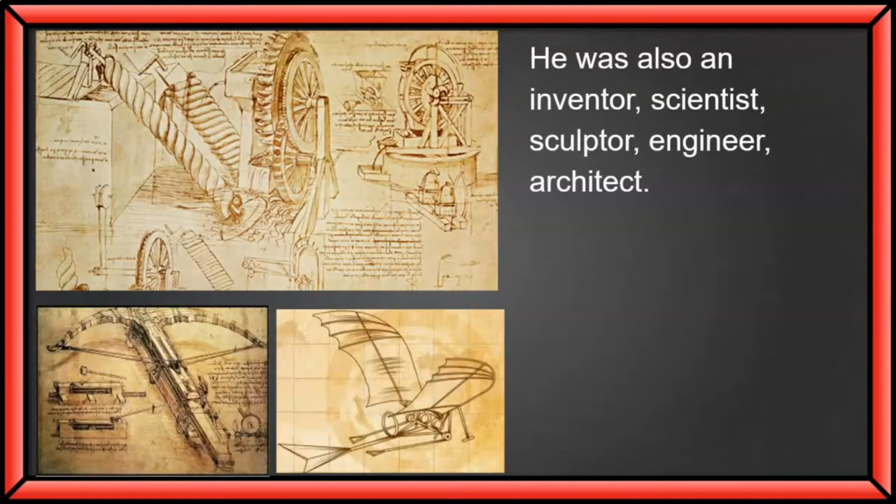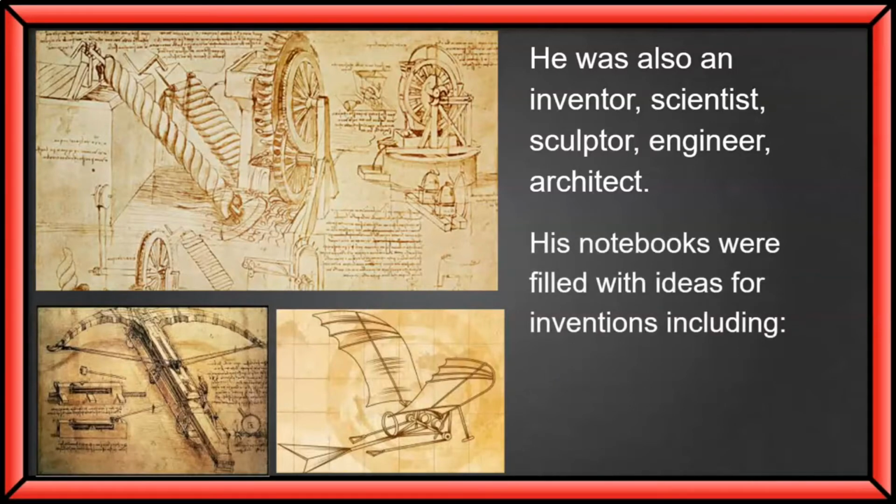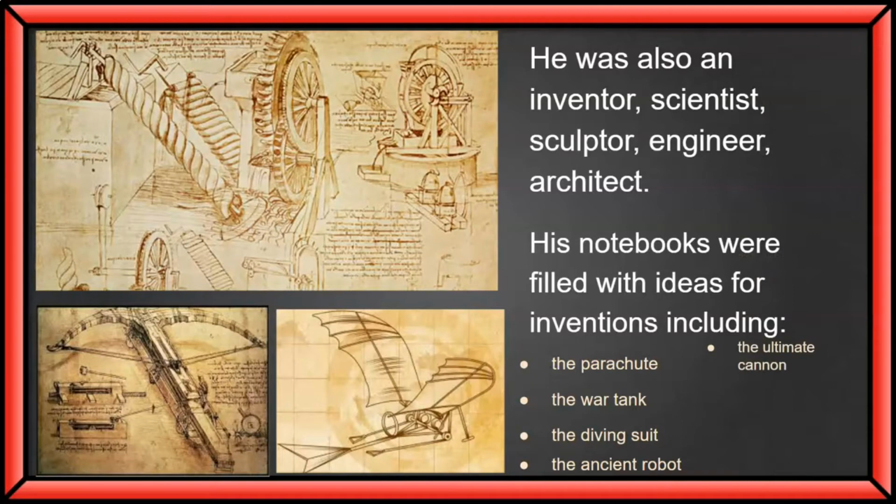But that's not all he did. He was also an inventor, a scientist, a sculptor, an engineer, and an architect, among other things. His notebooks were filled with ideas for inventions, including the parachute, the war tank, the diving suit, the ancient robot, the ultimate cannon, the pre-automobile, and a combo instrument that included a harp, organ, and viola.